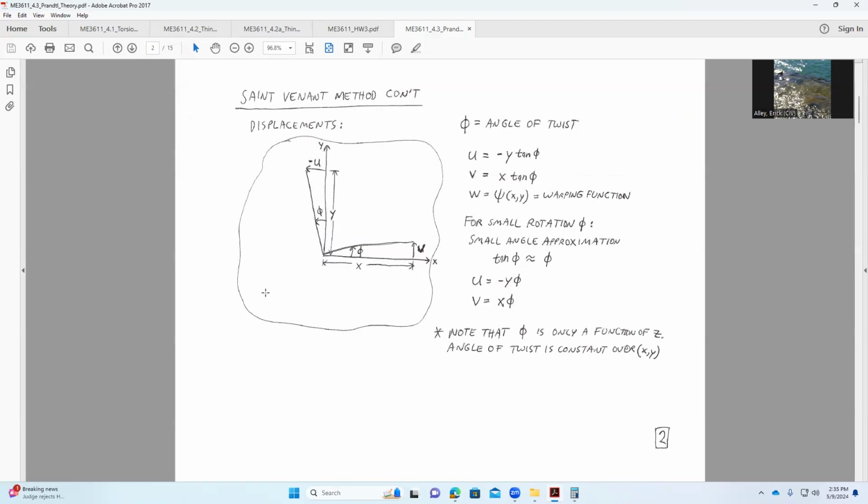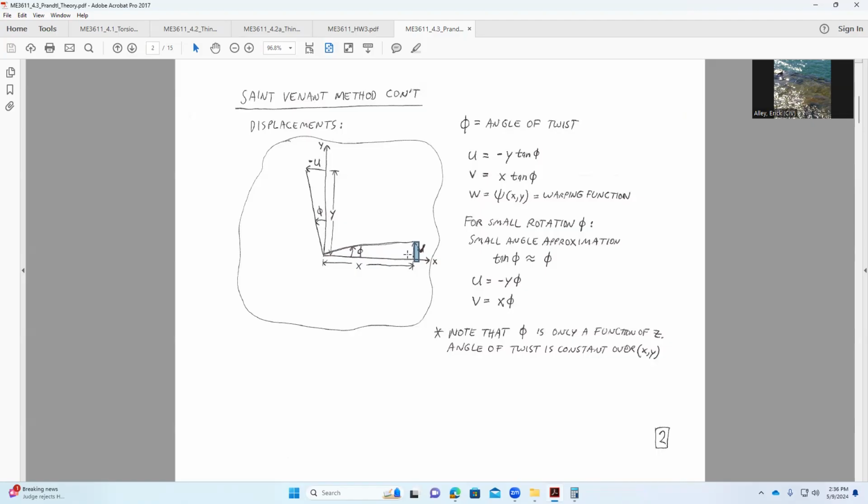So we're going to start out with displacements, and we assume there's some angle of twist phi. Right? So this whole cross-section, we said it's all going to twist together, and we want to figure out displacements based on that. Well, the simplest place to go for that is going to be along these axes. If I go anywhere along X and I'm just starting to rotate, my motion along this axis is pretty much all vertical. That's an arc length, but for a tiny, tiny angle, it's pretty much moving straight up.